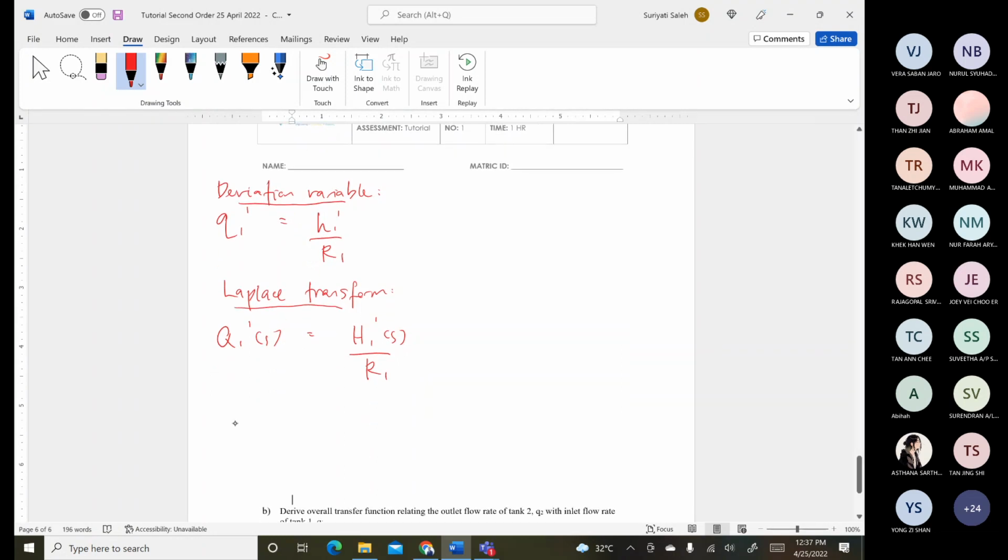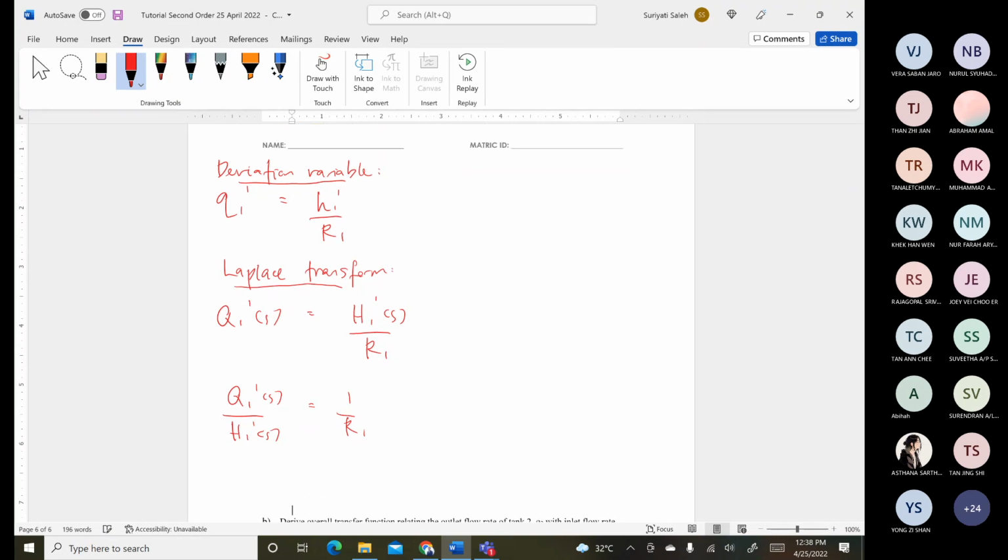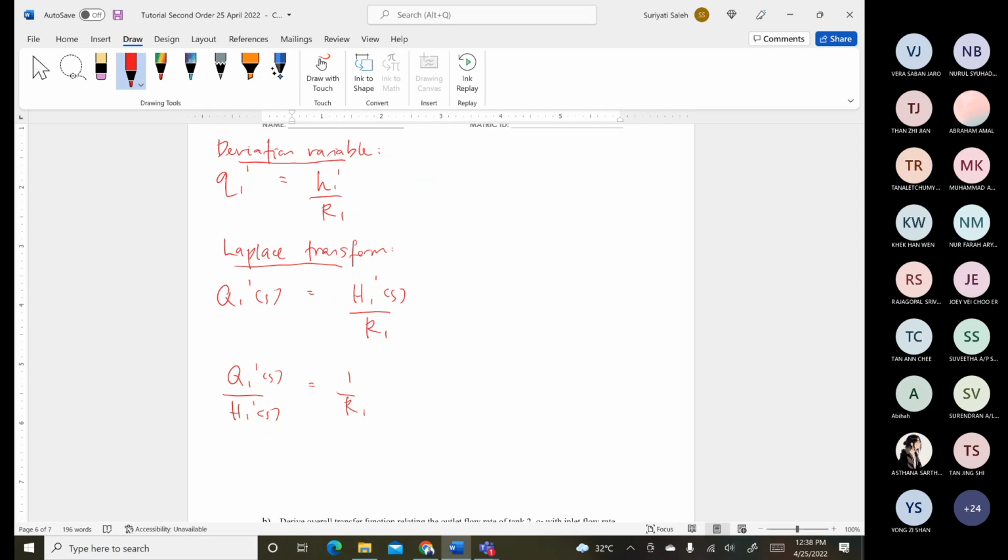If we rearrange it, we can get Q1 prime S over H1 prime S equal to 1 over R1. This is the relationship for Q1 and H1 prime S. So how can we use this information?